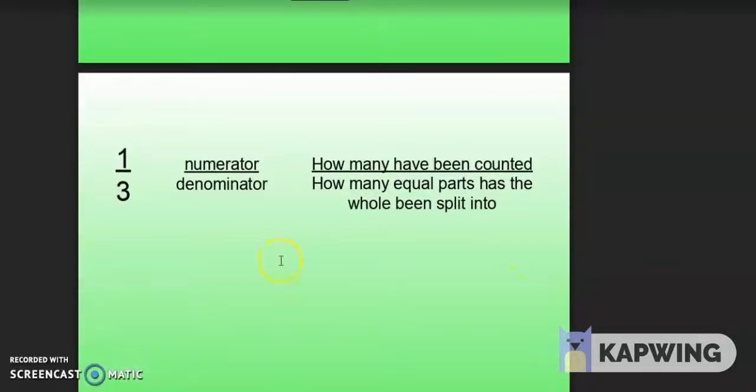To break that down a little more, the numerator is how many have been counted. And the denominator, how many equal parts has the whole been split into? So the whole had been split into 3 parts, and only 1 out of those 3, or 1/3, had been counted.